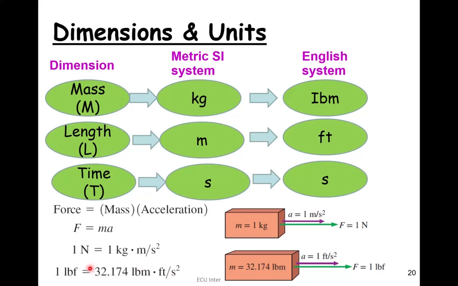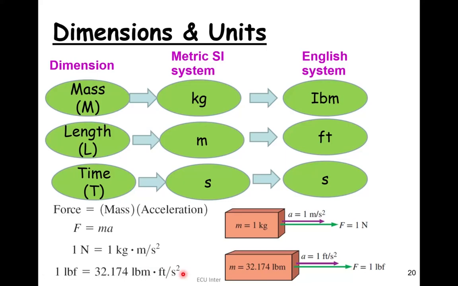That means in SI unit, the unit for force, which comes from the primary units, is called Newton, or 1 kilogram meter per square second. However, in English unit, the unit for force is pound force, which is 32.174 pound mass feet per square second.